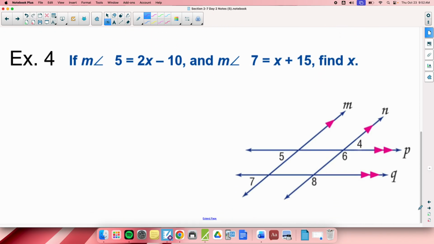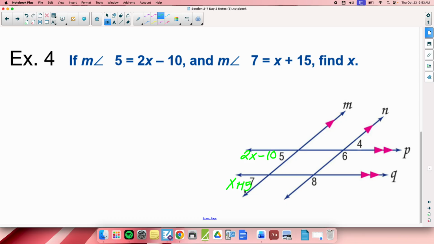Then if we look here, notice these two are parallel and these two are parallel. If you had a third set of parallel lines, they'd have 3 arrows on each. So this says angle 5 right here is 2x minus 10, and angle 7 right here is x plus 15.